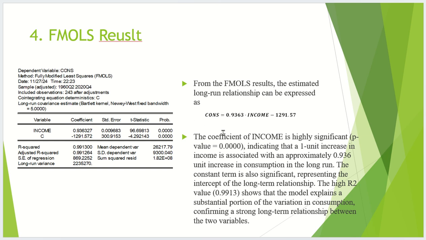The coefficient of income is highly significant, indicating that a 1 unit increase in income is associated with an approximately 0.936 unit increase in consumption in the long run.